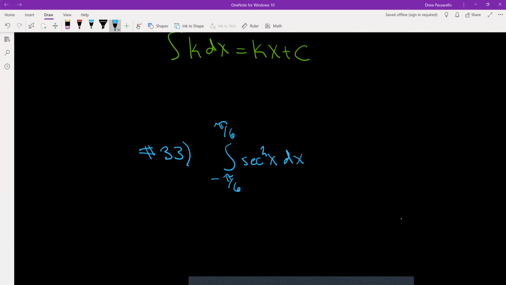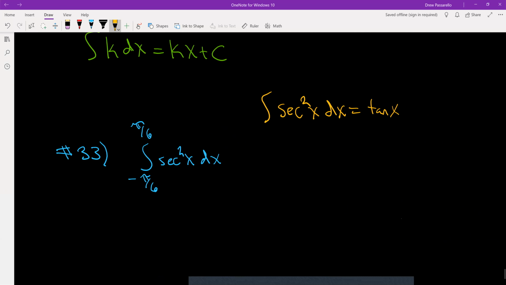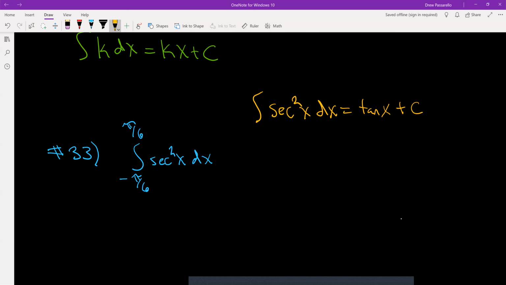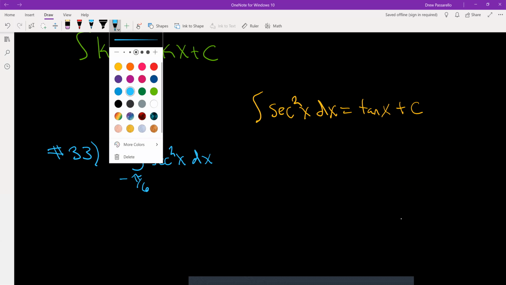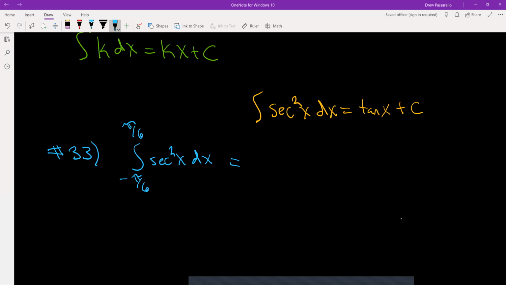If you go to the integration table, we know the integral of secant squared is tangent, and that's because the derivative of tangent is secant squared. So you pretty much already have the antiderivative. It's just tangent x. And then we just evaluate it at pi over 6 and then negative pi over 6.